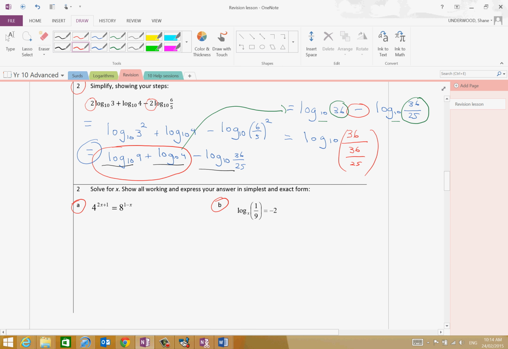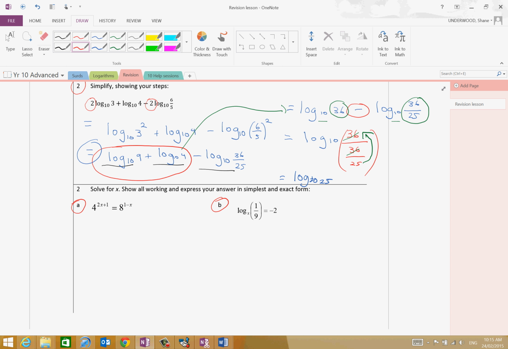Now you can go ahead and do that, but I want you to realise that if I've got a whole number divided by a single fraction, then that's not simplified. I can get this 25 and effectively throw it up here. Rather than divide by 25, it's like timesing by 1 on 25. So these 36s are going to cancel out, and we're left with log to the base 10 of 25.